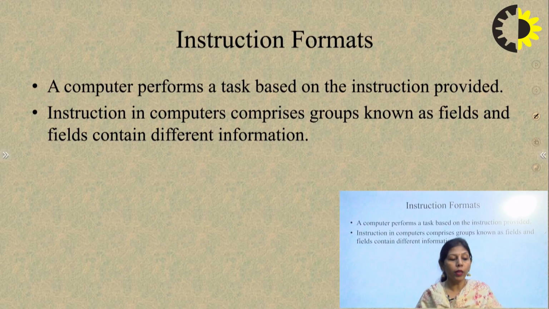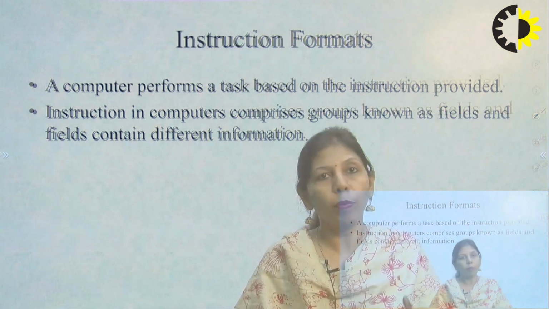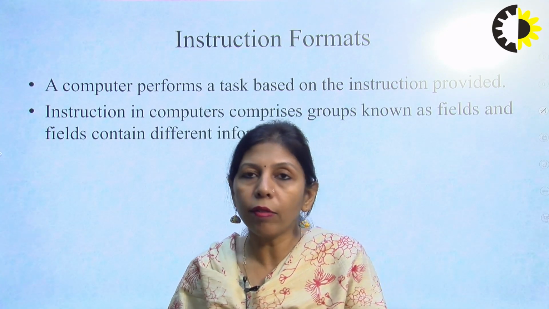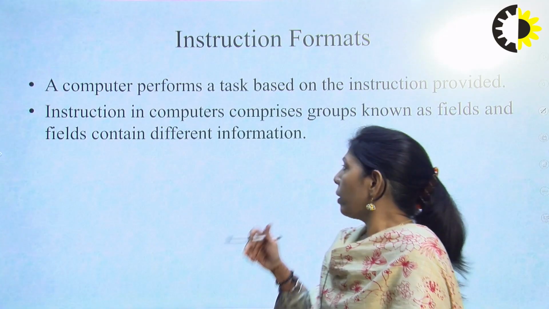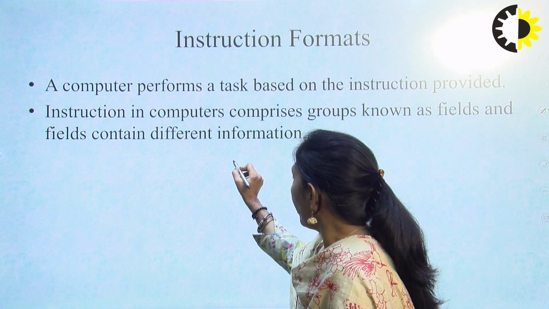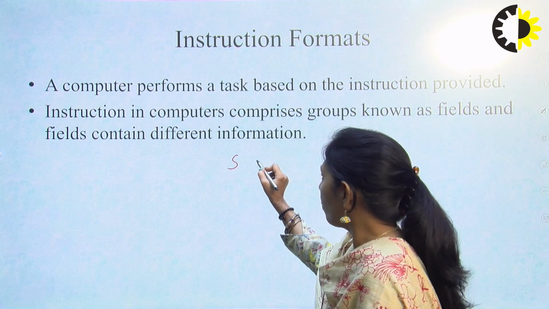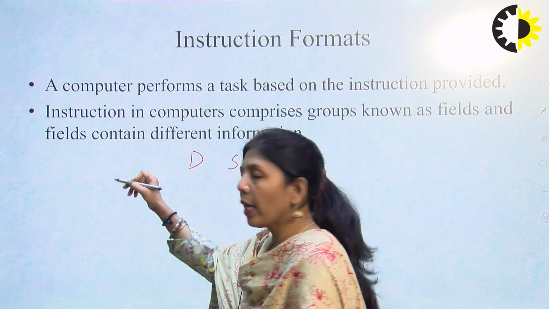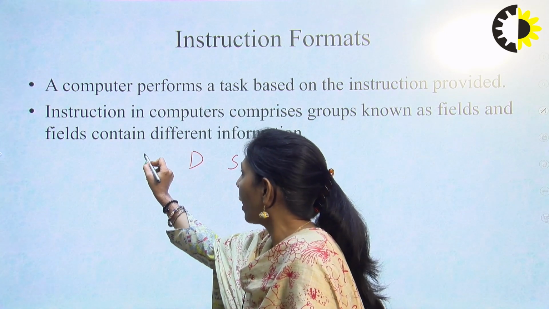Actually the computer wants to do the task, it performs the task, and it uses certain fields. These fields are basically the operands. Like we can say some source is there, some destination is there, and something has to be done, something has to be acted upon.